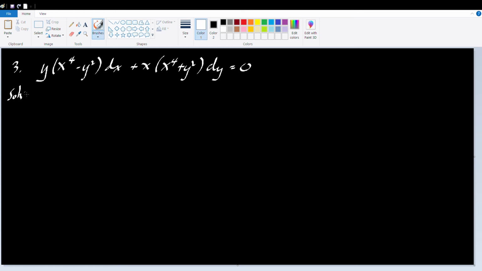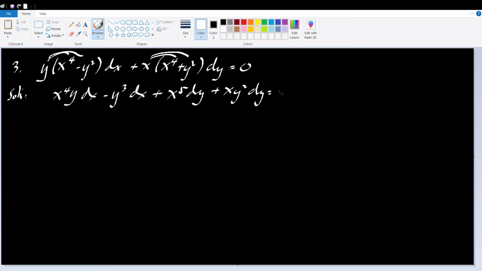Okay, so distribute y, distribute x. That will be x to the fourth y dx minus y cubed dx plus x to the fifth dy plus xy squared dy equal to 0.